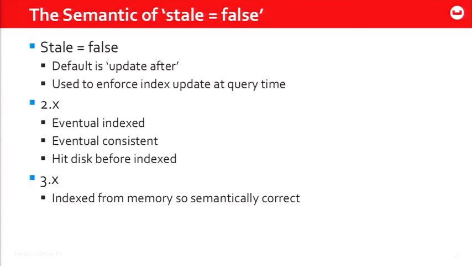Stale equals OK means you don't care about it. You only update the index frequently based on the configuration. So every 5 seconds, it's checked if 5,000 changes in the key value store happened, and if so, it will update the index.